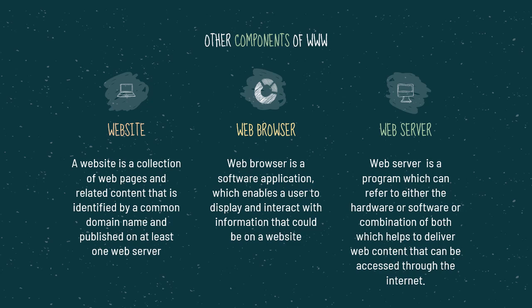To view and interact with a website, we need a program called a web browser, for example Google Chrome, Mozilla Firefox, Apple Safari, etc. Finally, the web server can refer to hardware or software or a combination of both, which stores the web content and delivers it as per request so that it can be accessed through the internet.